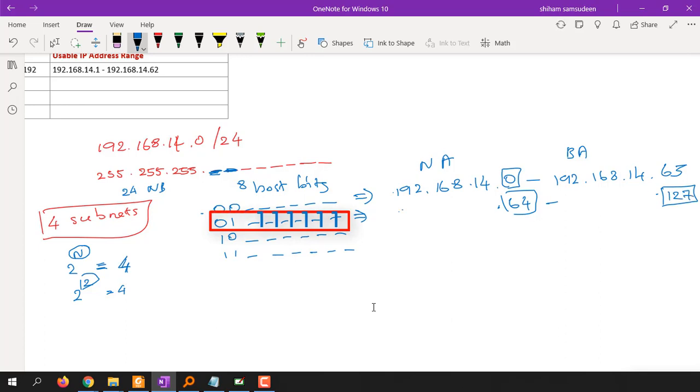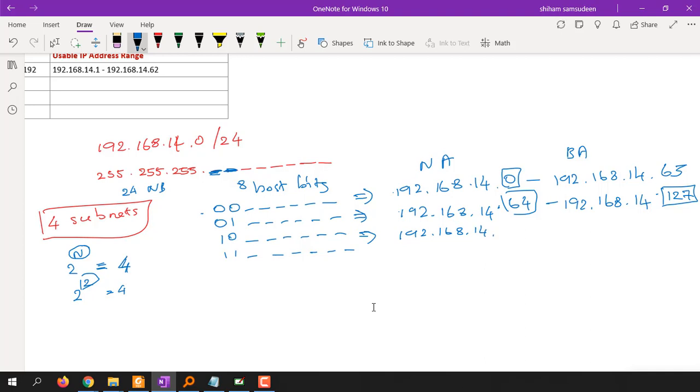So I would write 192.168.14.64, 192.168.14.127, right? In this case, the network address would be 192.168.14.